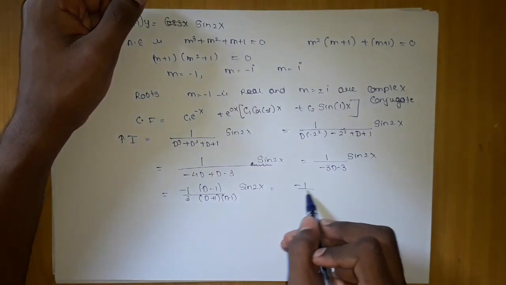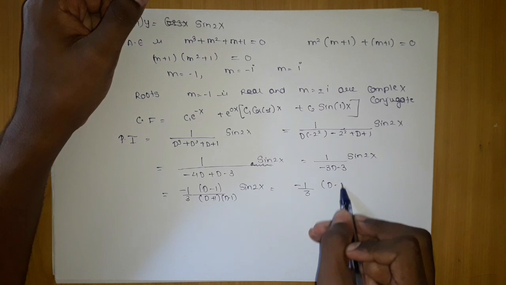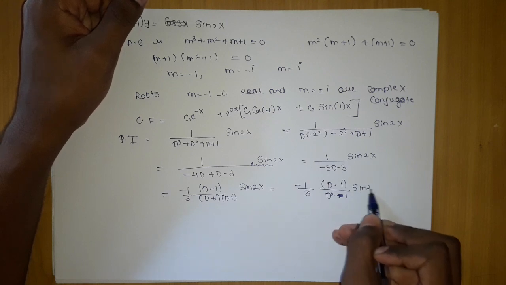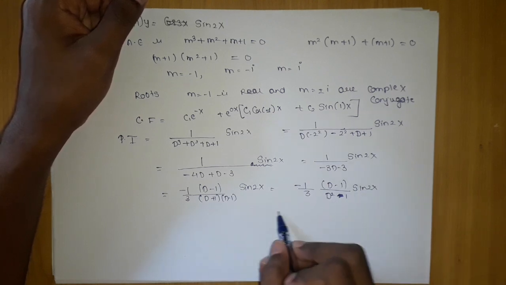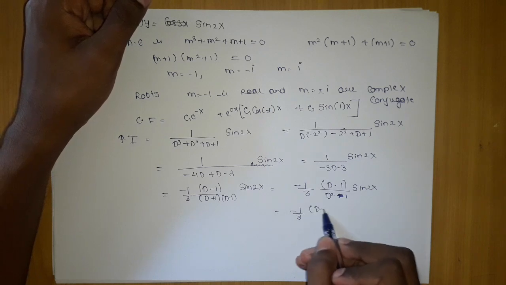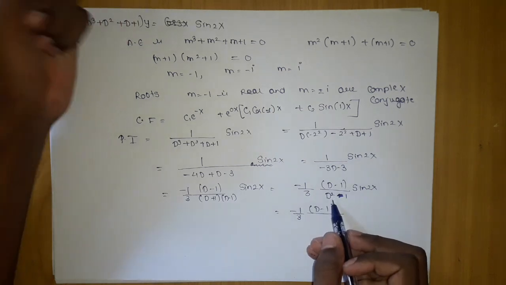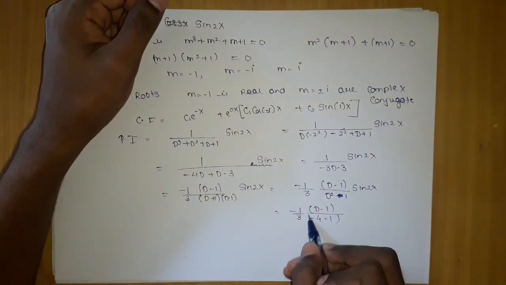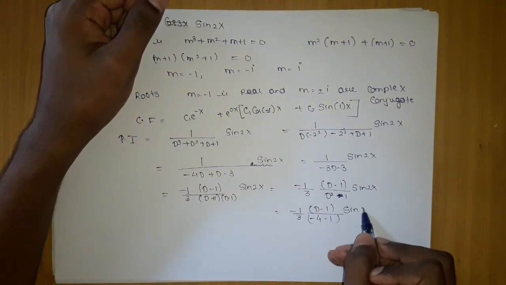We get -1/3 into (D - 1)/(D² - 1) into sin 2x. Now just replace D² by -2². You get (D - 1) into (-4 - 1) sin 2x.